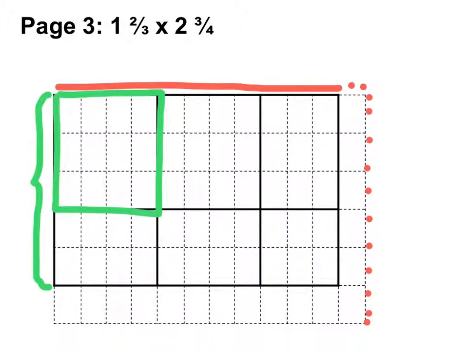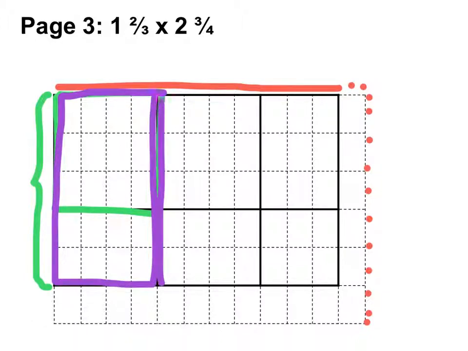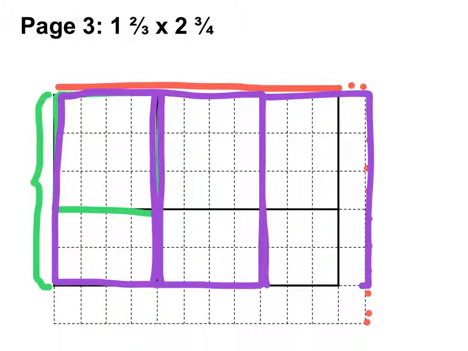Okay, so now I have a rectangle that's 1 2/3 by 2 3/4. Or let's think of this as repeated multiplication. So if I think of this as repeated multiplication, here is 1 2/3 one time. Here's 1 2/3 again. And here's 3/4 of 1 2/3. So I drew the purple rectangle, that is 1 2/3.